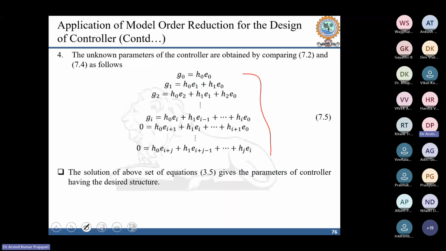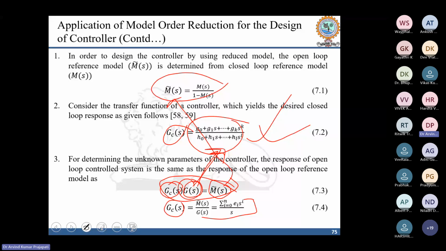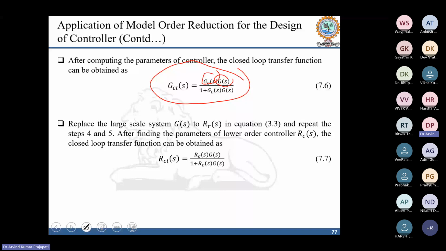If the original system is of order 10 or order 100, then it will be very complicated, and it is very difficult to determine the controller G_C(s). So instead of G(s), we can determine the controller parameters by replacing G(s) by R(s), the reduced order model obtained by some model order reduction techniques, and then you can implement that controller in the original system.